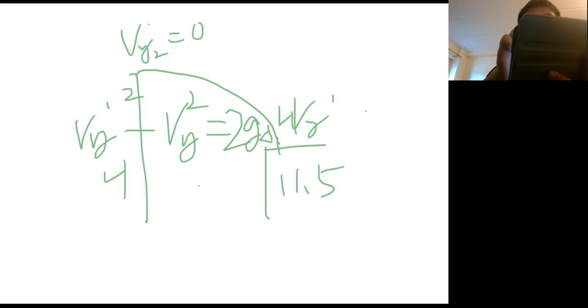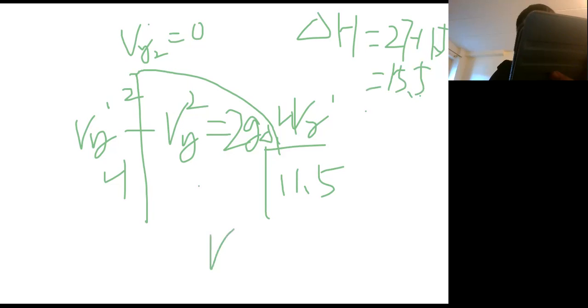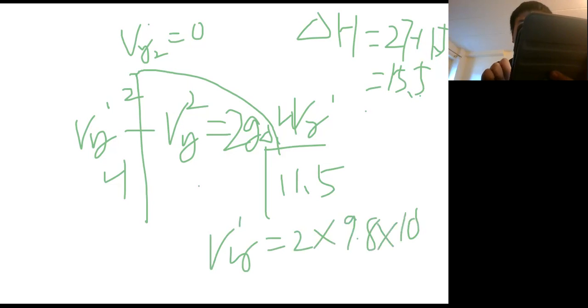We can easily get delta H, which is 27 minus 11.5, which leads to 15.5. Then Vy dash equals the square root of 2 times 9.8 times 15.5. That leads to 17.4.